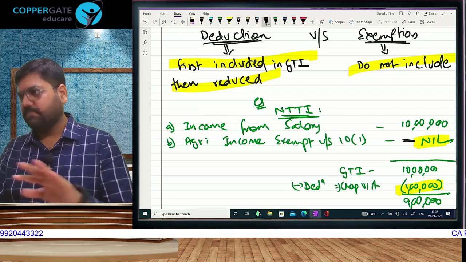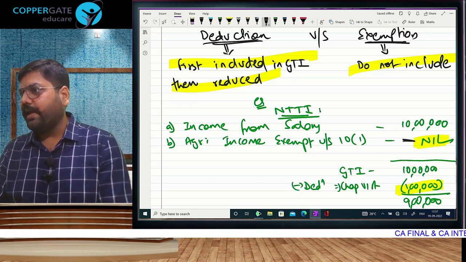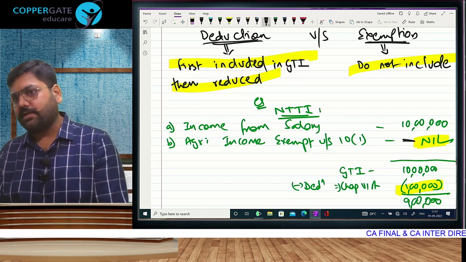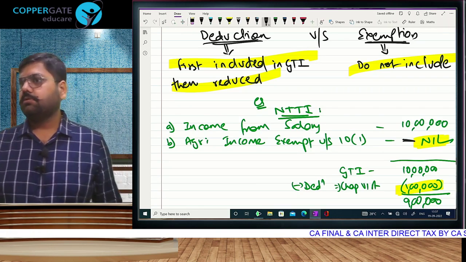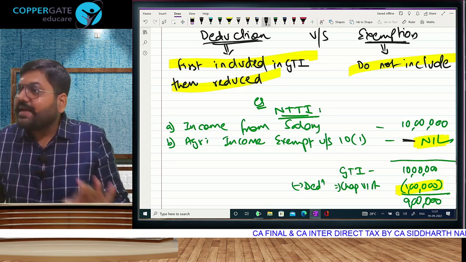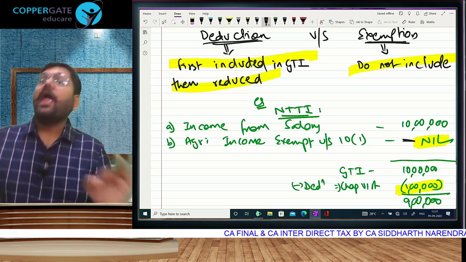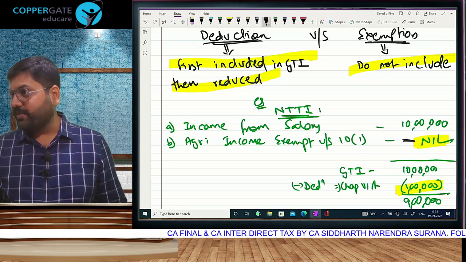Sir, if it is 5 lakh agriculture income, then also zero. 10 lakh, then also zero. 10 crore, then also zero. 10,000 crore, then also zero. That's an exemption. We want it to be tax-free fully and forever.